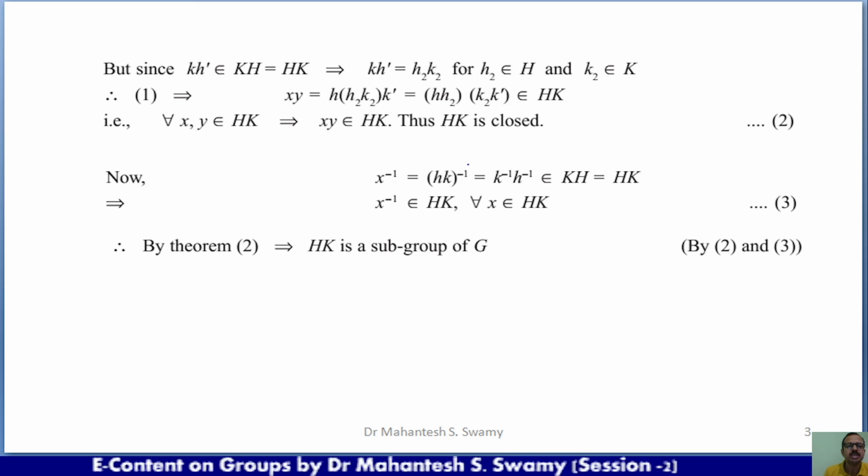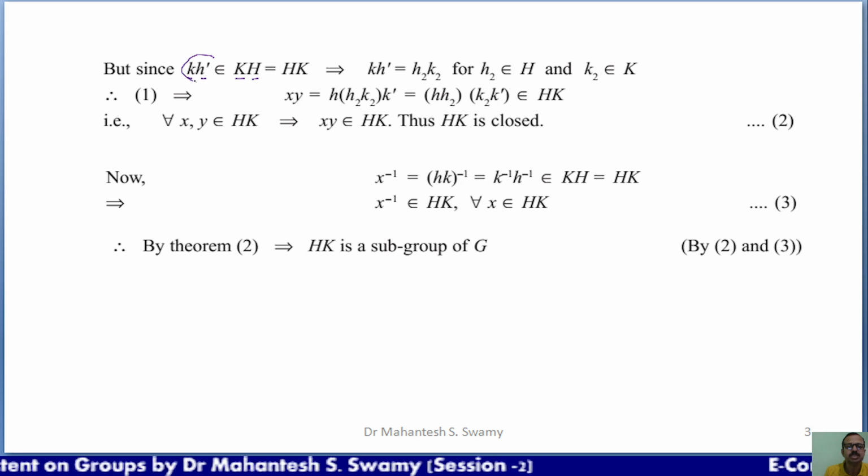KH dash is the element with K in the beginning, therefore it should be in capital K. This K is in capital K, H dash is in capital H. Therefore this product KH dash must be in capital K, capital H.